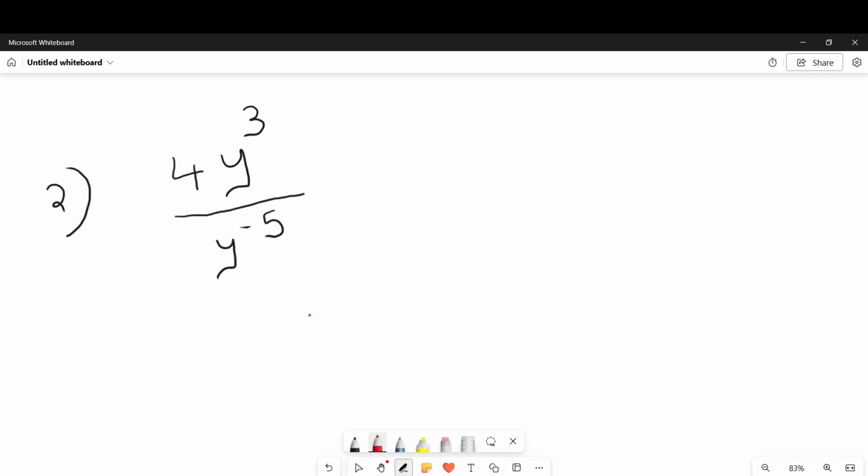Next is the next question. Simplify this one. It's also very easy. The same way we did the last problem, we'll just remove the 4 out. Then here y raised to 3 divided by y raised to minus 5.